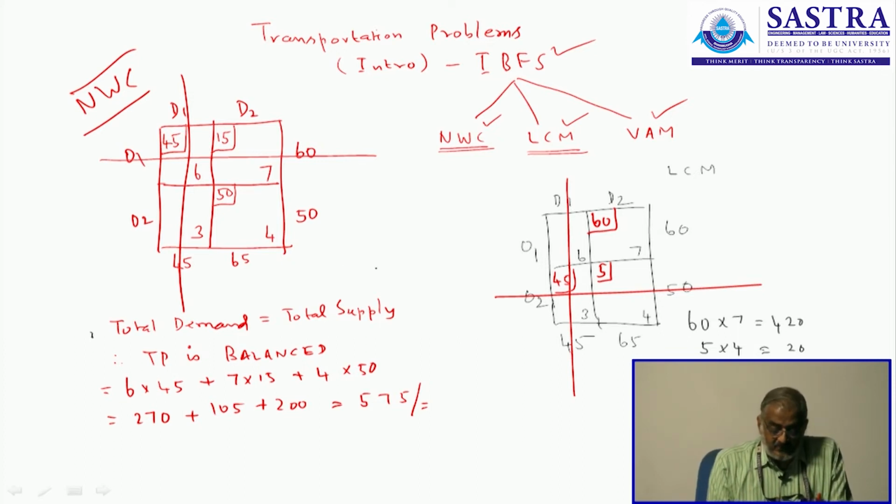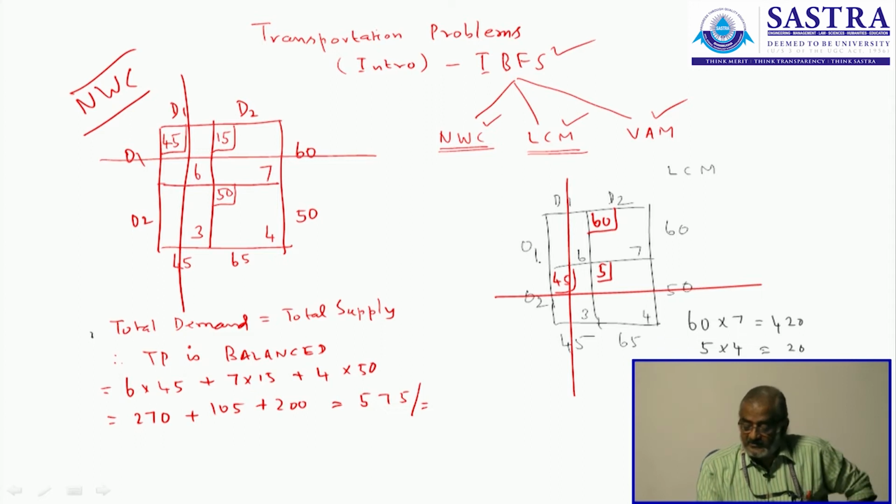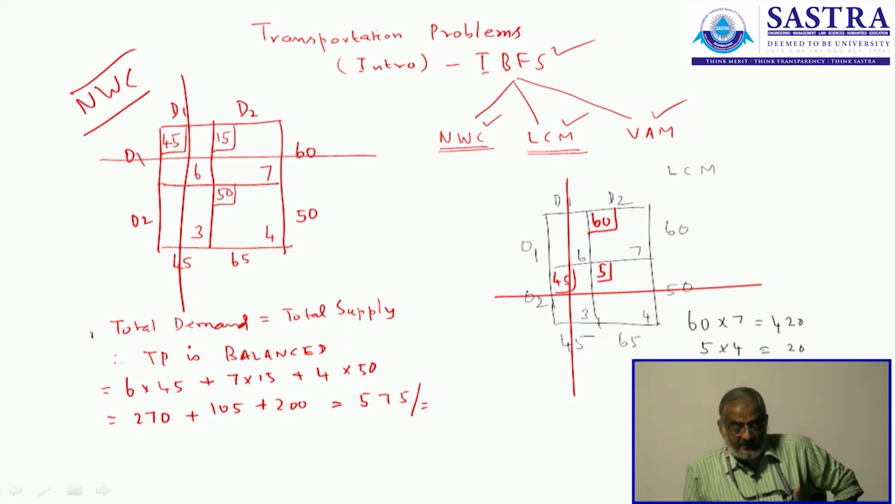Now you look at this allocation. There are different allocations. Here 45, 15, whereas here it is 60. In this unit cost 3, nothing is allocated, whereas here in this unit cost 3, 45 is allocated. Though it is so, the least cost method provides only the same solution that NWC provided.